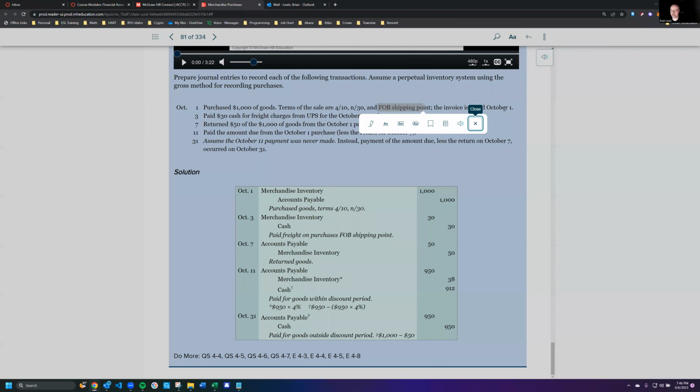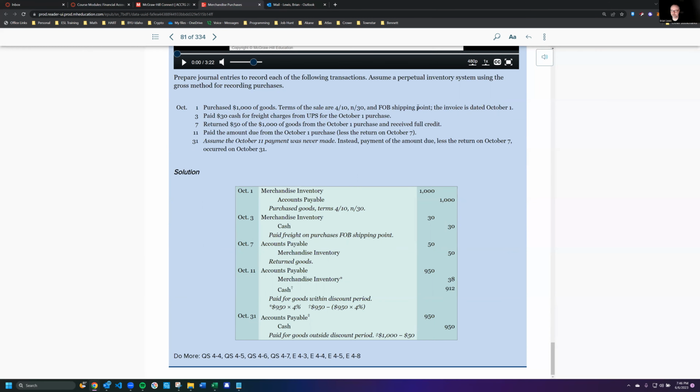The invoice is dated October 1st. Shipping point, so it's the buyer's responsibility once it is shipped. You'll find one of these that goes through this and says ship FOB destination, shipped on the 1st, but let's say it didn't arrive until the 10th. And so you wouldn't actually record this entry until the 10th.